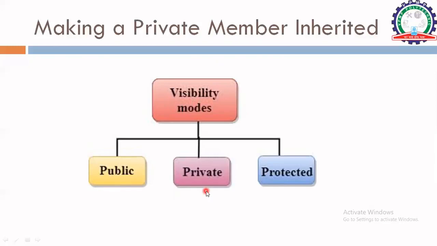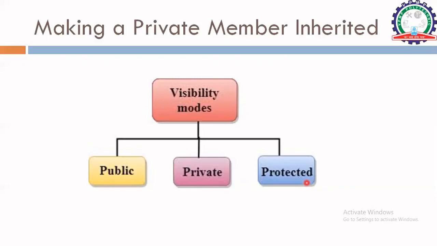Now, if we do not want our data members or member functions to be directly accessed by the object of that class, then we make them private, right? These two visibility modes we already used in our C++ programs in our previous videos. Then this one is another visibility mode that is known as protected.